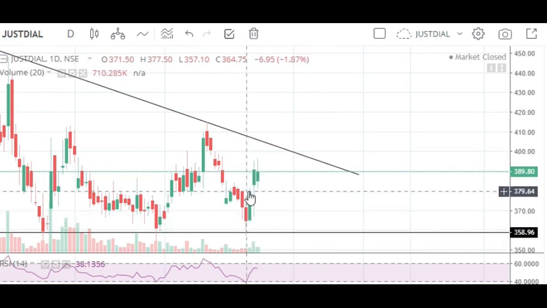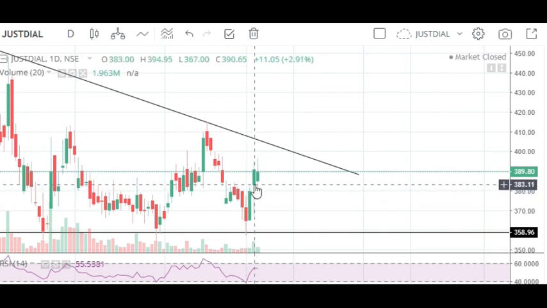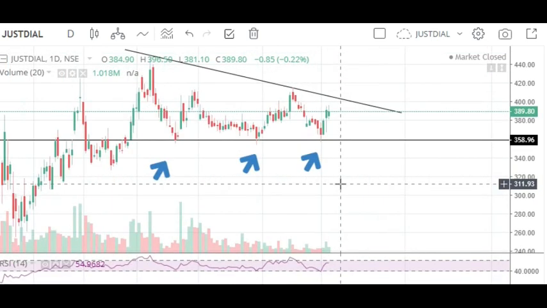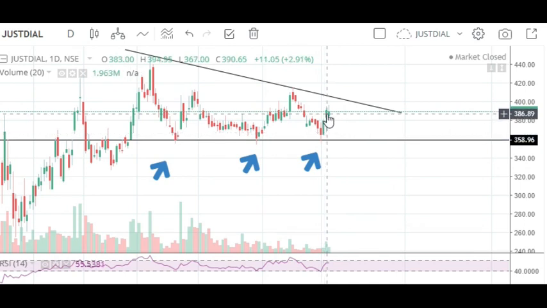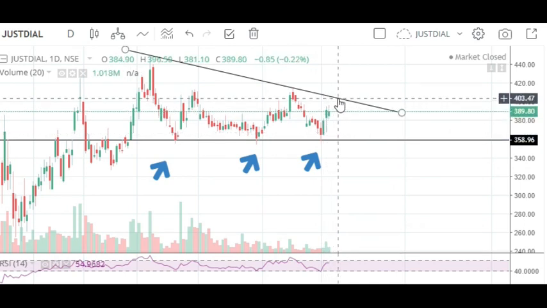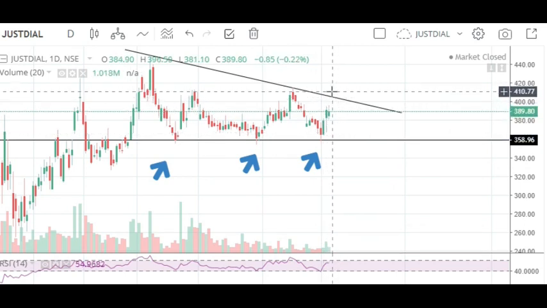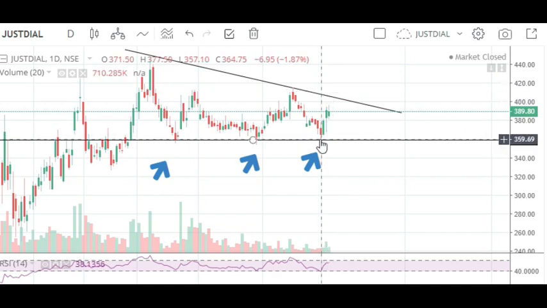So I decided to take this trade at this point, with this as my stop loss. The stock price is moving higher, and I'm expecting it to find resistance somewhere around here. This is one way to enter into the trade.